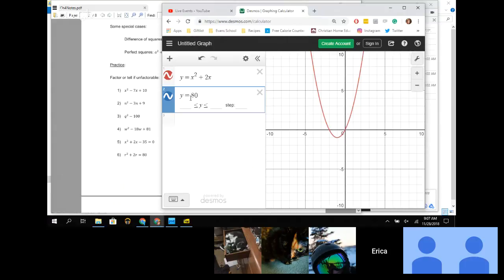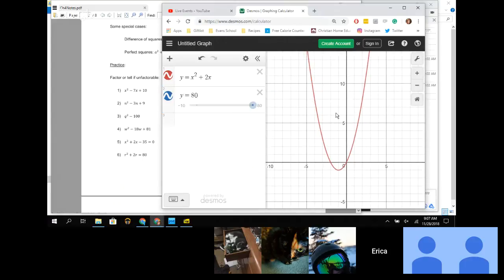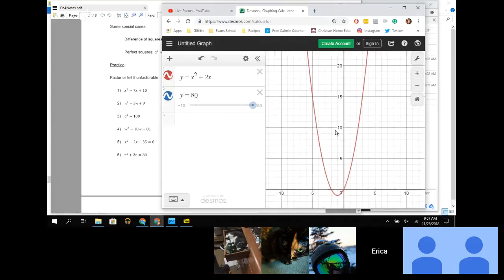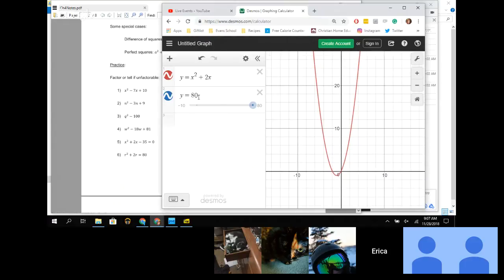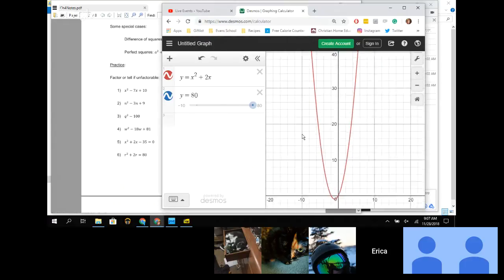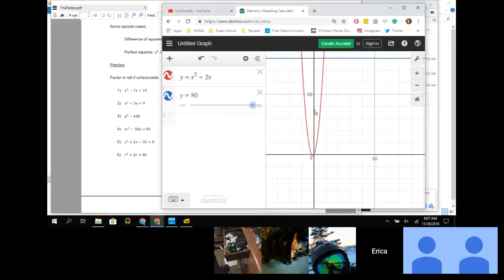So you would plug this in either way, right? Either if you're using Desmos or if you're using a TI calculator, you're going to have two y equals. And the place where both of those are true is where they intersect each other. Now, since I know this is y equals 80, I'm going to have to zoom way out to find y equals 80 way up here.